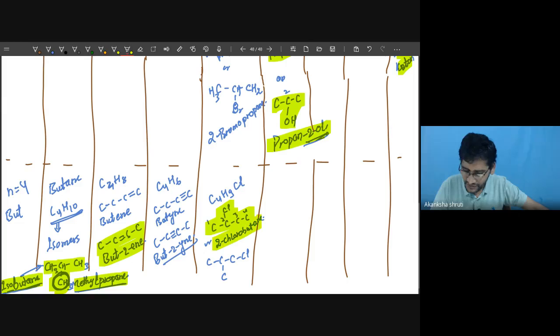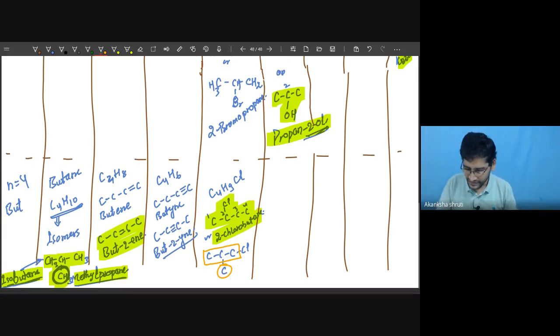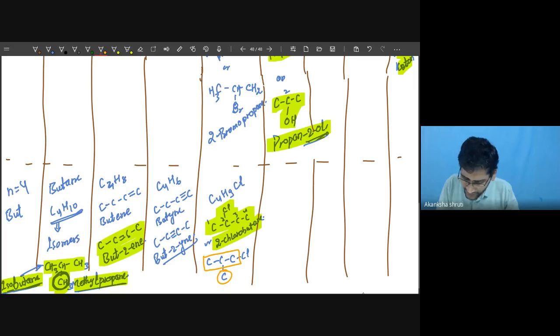It was asked in your examination: draw the structure of 2-chlorobutane. Getting? So on the second position you have to put the chlorine. What will be this one, student? How will we number it? For this, keep this in mind. Now this chlorine will act as the primary functional group. So we need to count this as the methyl. So the numbering becomes 1, 2, 3.